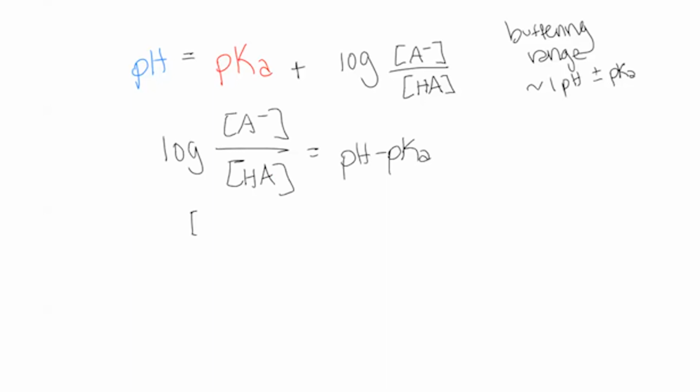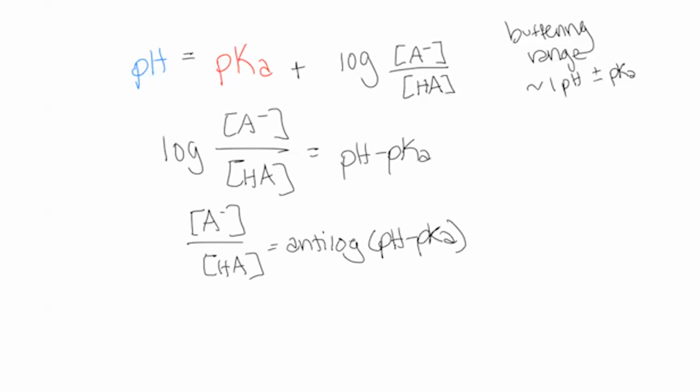And so we'll get A minus over HA is going to be equal to the antilog of our pH minus pKa. Remember, antilog sounds scary, but really we're just saying 10 to the x. So this would be 10 to the pH minus pKa.